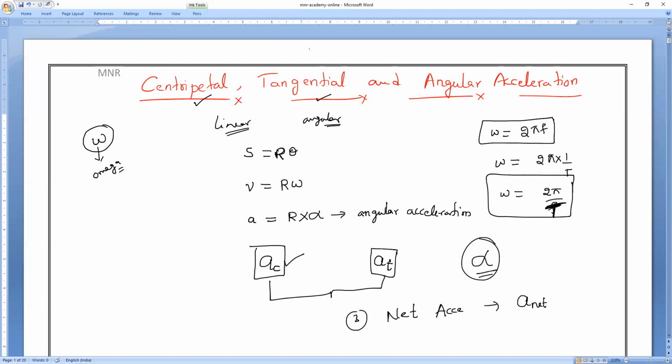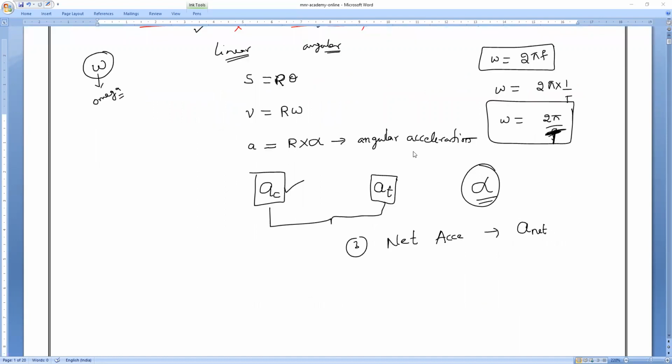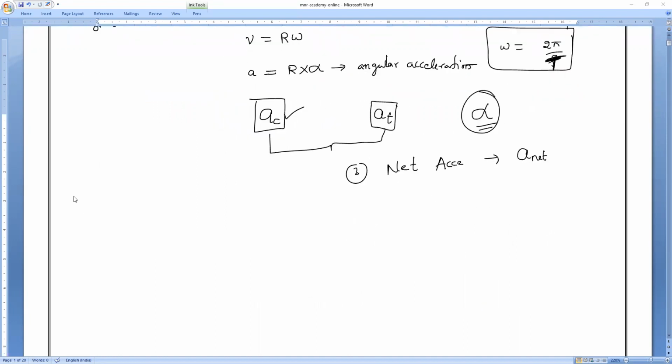So in total we have four types of accelerations: centripetal acceleration, tangential acceleration, net acceleration, and angular acceleration. Let us discuss them one by one, and we will solve plenty of numericals also.